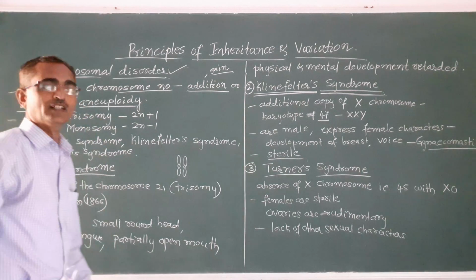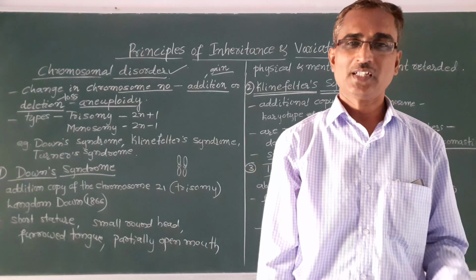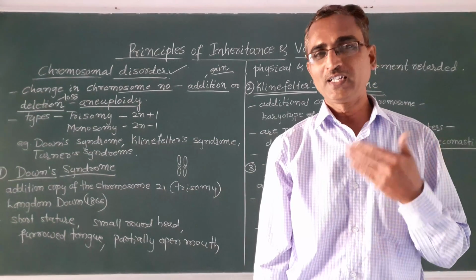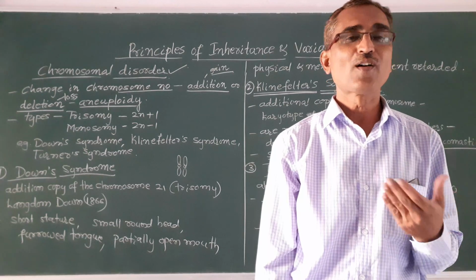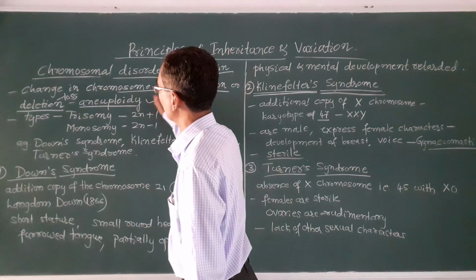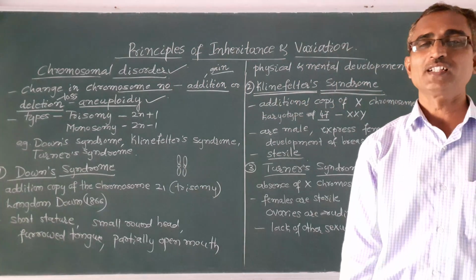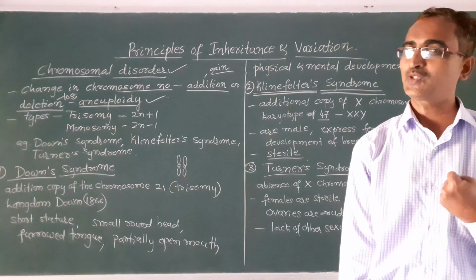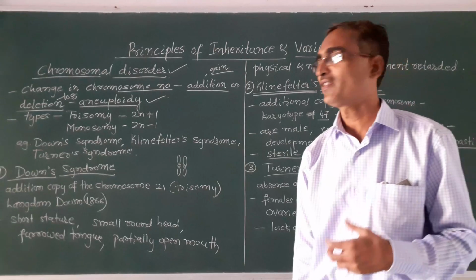So the change in chromosome number may be due to the addition or deletion of a chromosome, that is, gain or loss of a chromosome, and that is called aneuploidy, which we have already studied in the previous class. In aneuploidy we have different types.